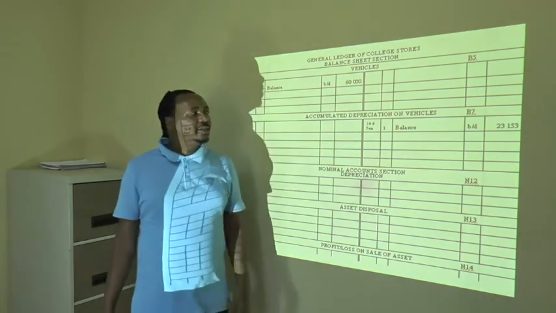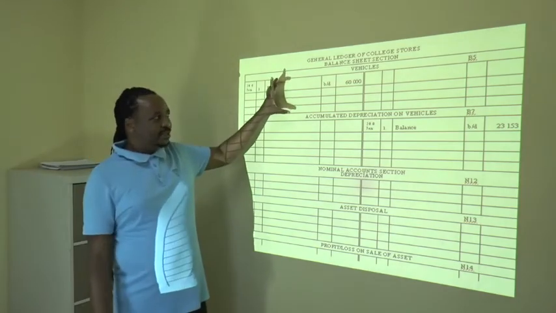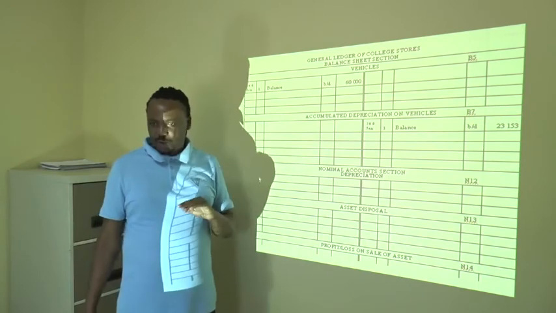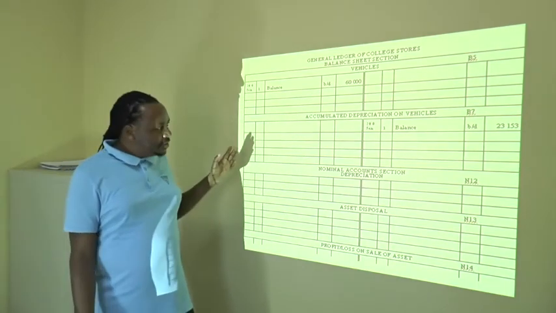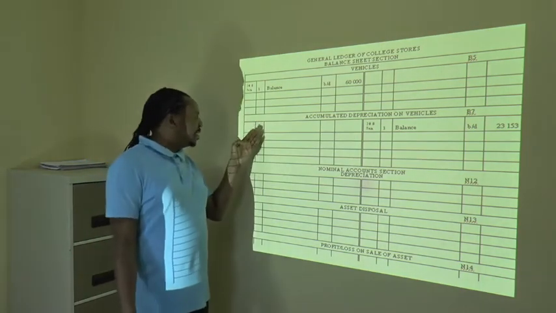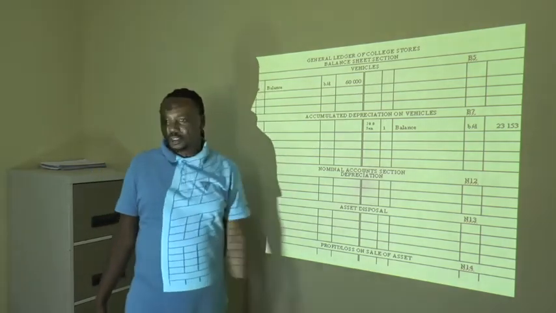That is why the balance for that asset is shown on the credit side. We agreed assets increase on the debit side, but this special contra one is different from other assets because it increases on the credit side and decreases on the debit side. All other assets increase on the debit side and decrease on the credit side.